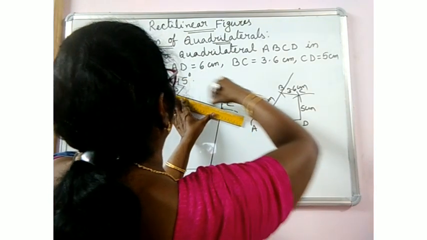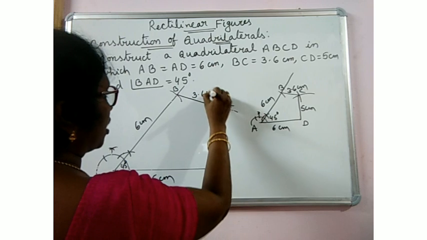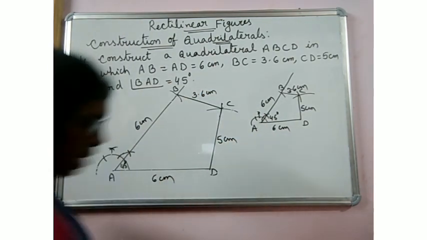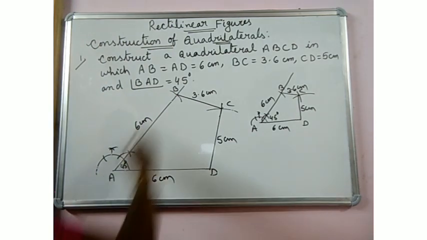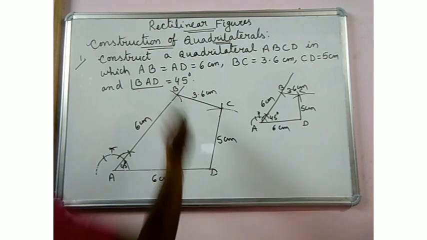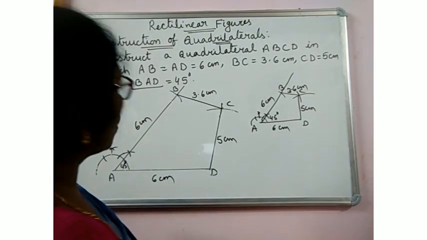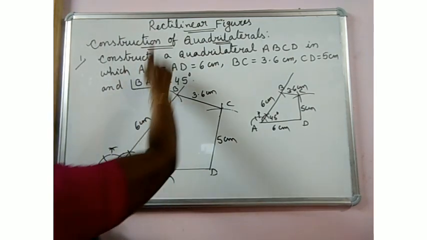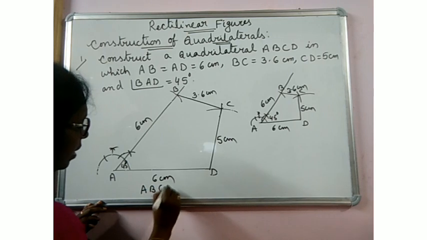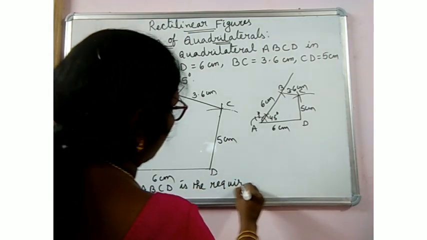I am not constructing the quadrilateral exactly, but I am giving you a rough idea, children. Try to do this. So as per the given instruction, what is given? AB is 6 cm, AD is 6 cm, angle BAD 45 degrees, BC is 3.6 cm, CD is 5 cm. At last, you write: ABCD is the required quadrilateral.